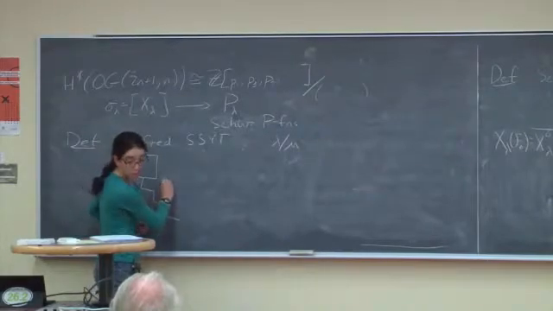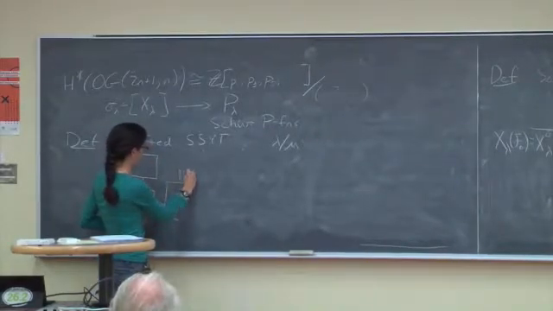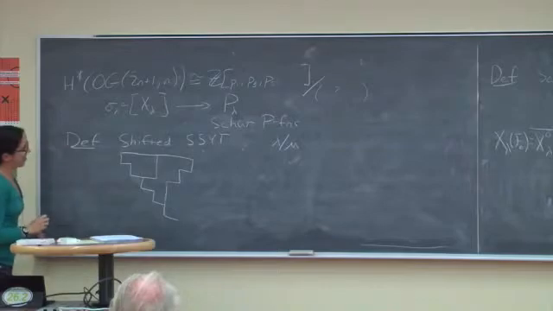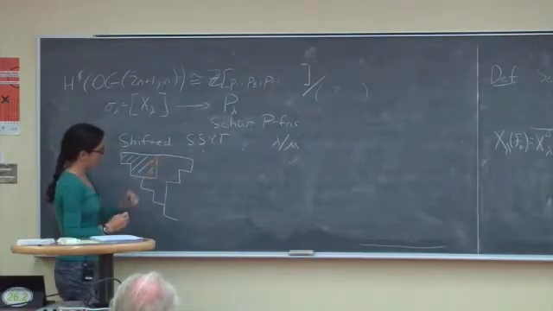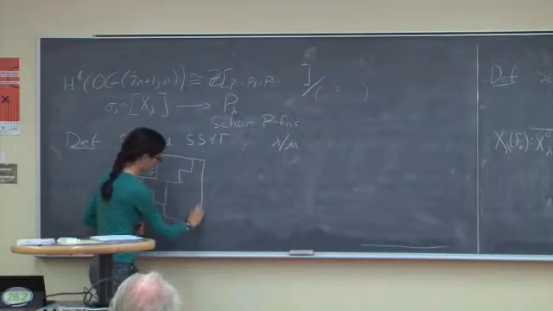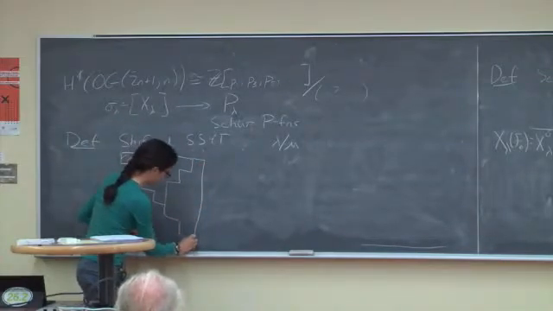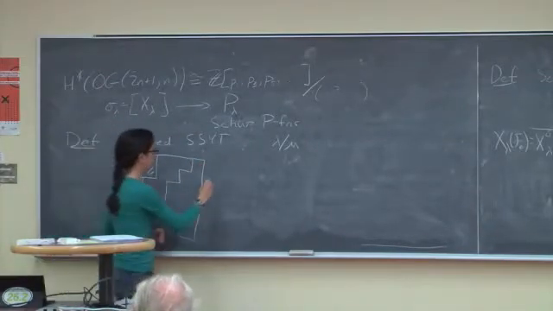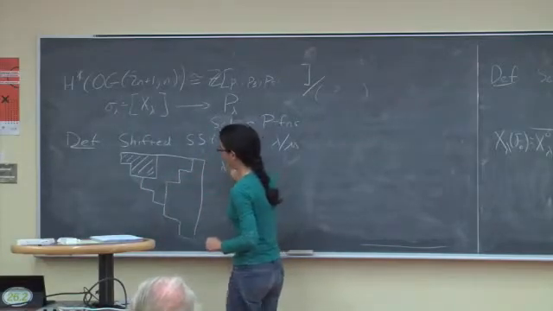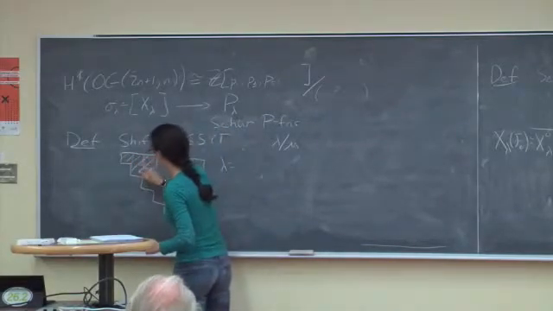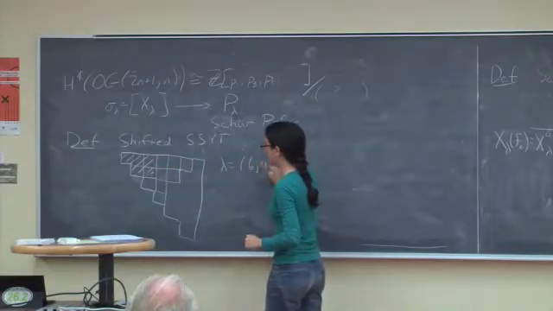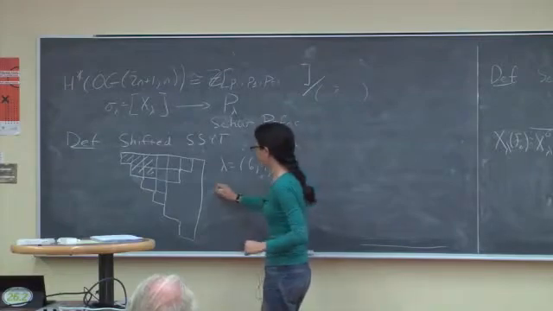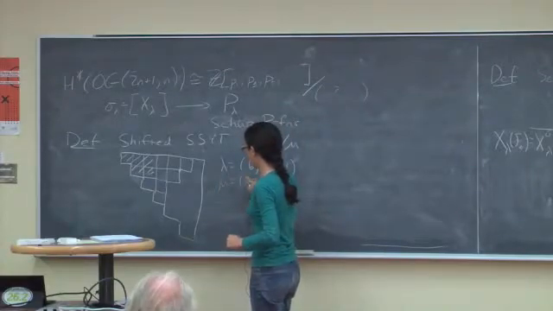So let's draw. I'm going to cut out this inner shape, and let's say lambda is 6, 4, 2, 1, and mu is 3, 2.